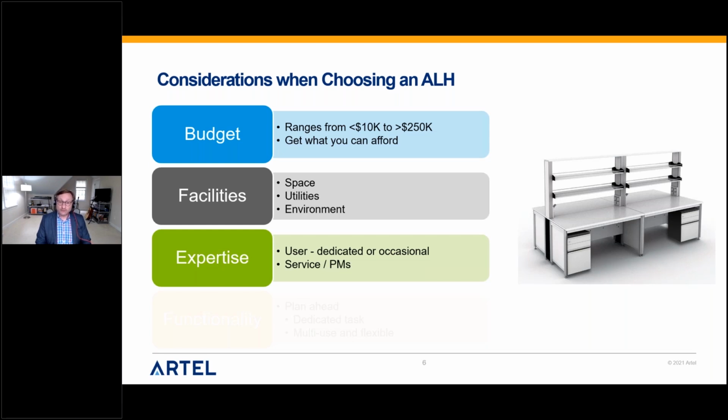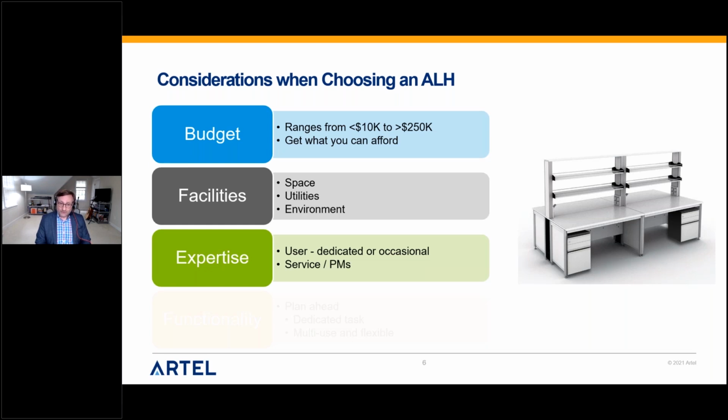There's a big difference in the level of expertise that's required. Everybody's going to require training, but the dedicated power user, that person everyone's going to be relying on to make changes to the software and to the scripts, is going to require additional training.